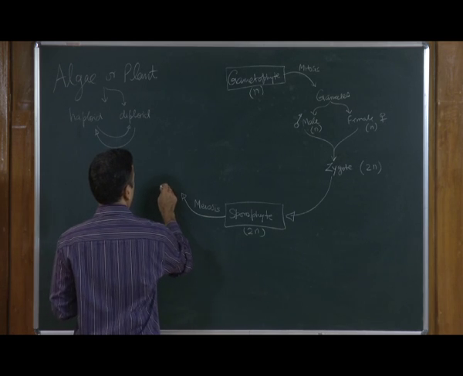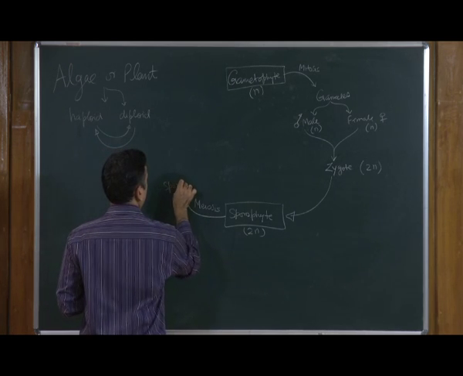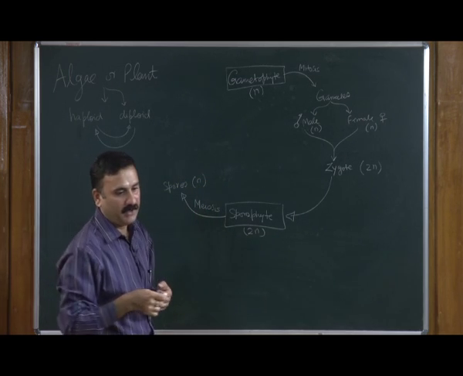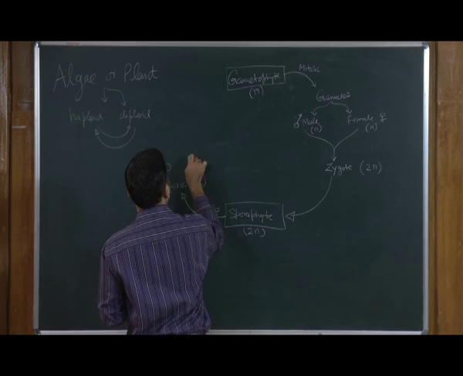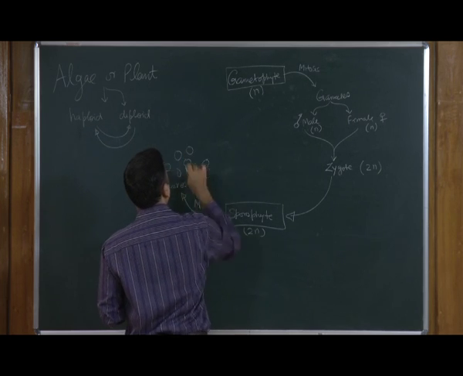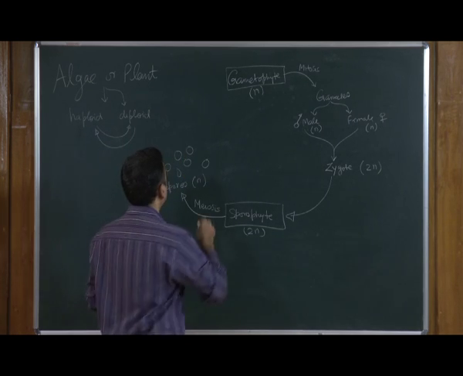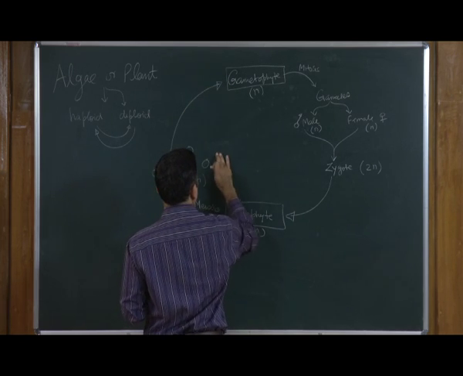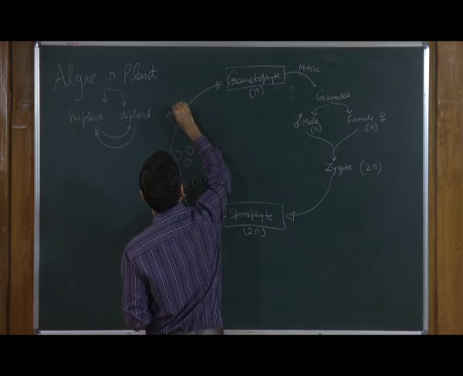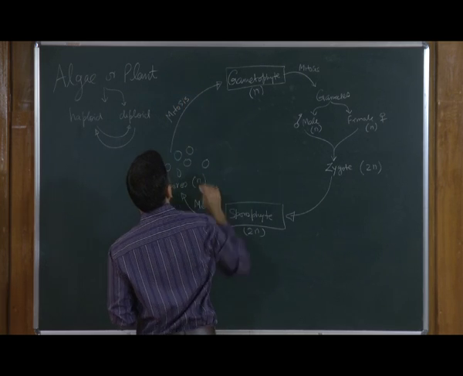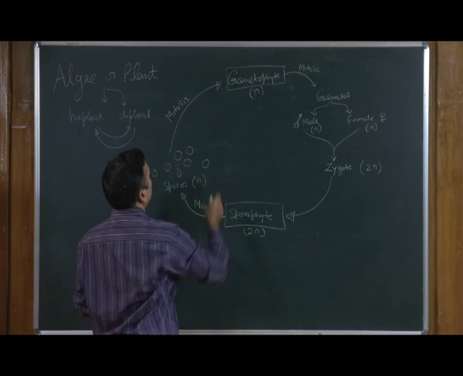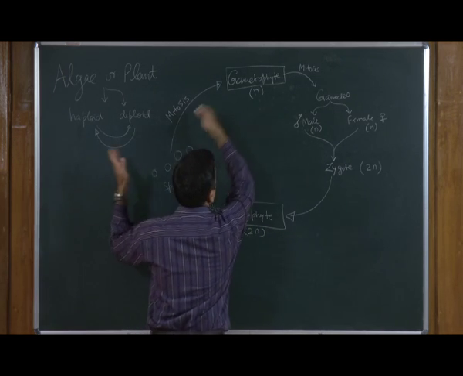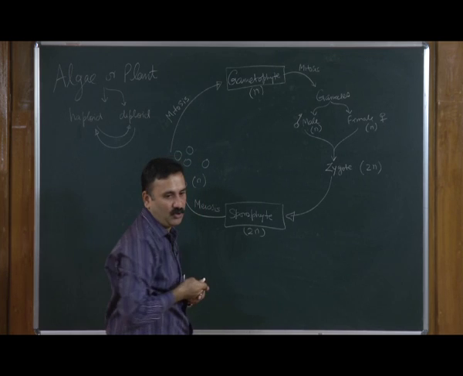As a result you are going to create the spores, and those will be n, and these spores then go through mitosis, and by the mitotic events they grow and become the gametophyte.